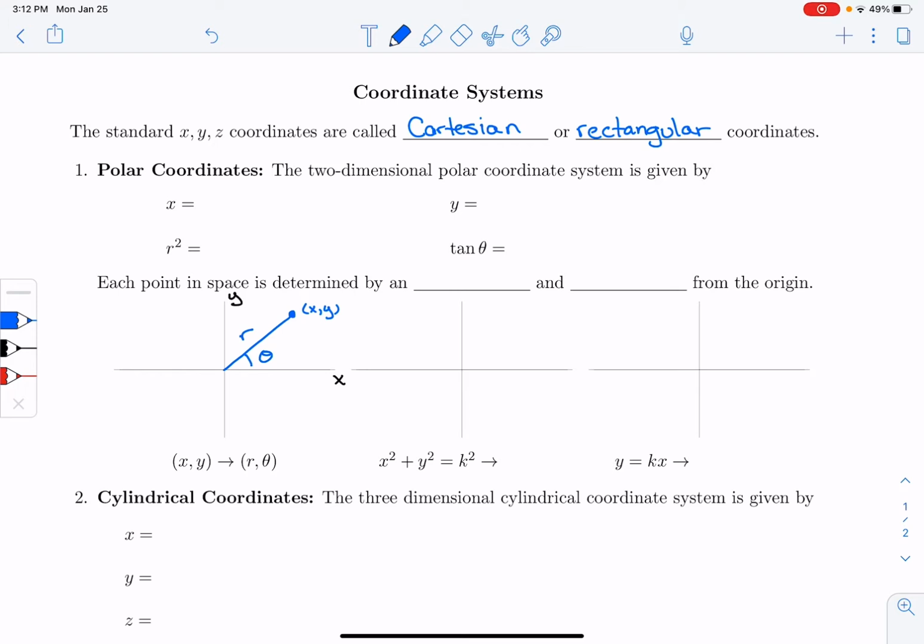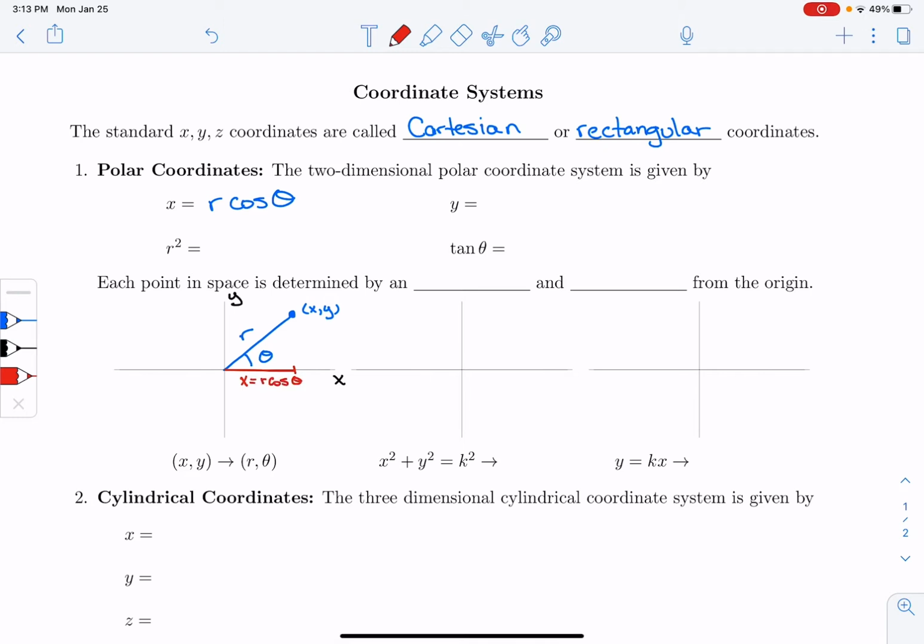So how do you go back and forth between those points? Well, we can use trigonometry to figure out what x and y are. So we've done this before when decomposing vectors, but x is actually going to be r cosine of theta. So here we're saying that this distance is x equals r cosine theta.